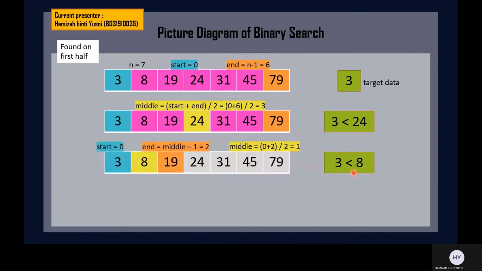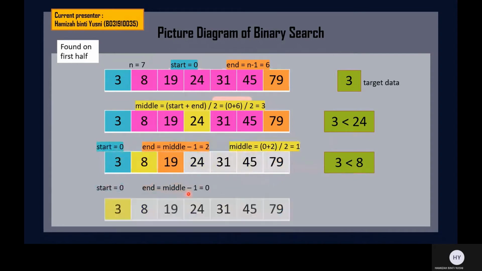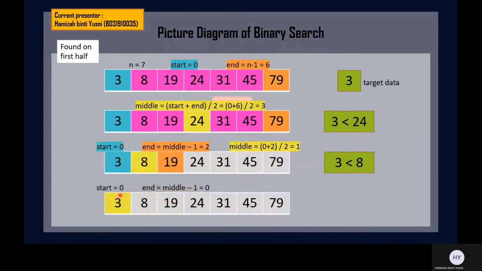Since it is smaller, same as previously, end value will be updated to middle minus 1, and searching will be done on the first half. So end value is updated to index 0, and start value will remain the same, index 0.